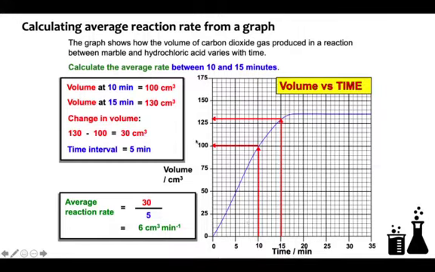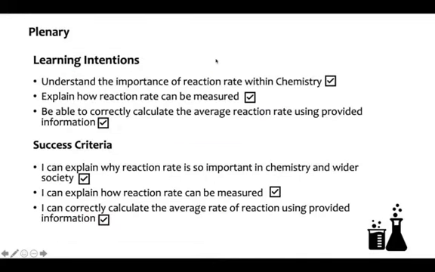Okay, so it's always going to be the change in the quantity over the change in the time or the time interval. Just make sure that you check what the units are on the graph, and then that will obviously control what your units are going to be for the average rate.